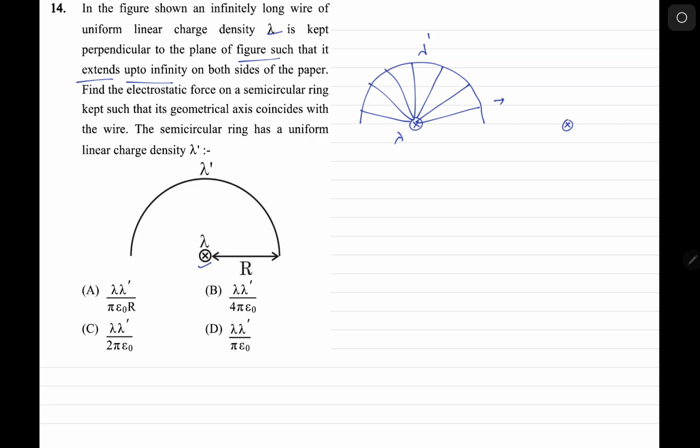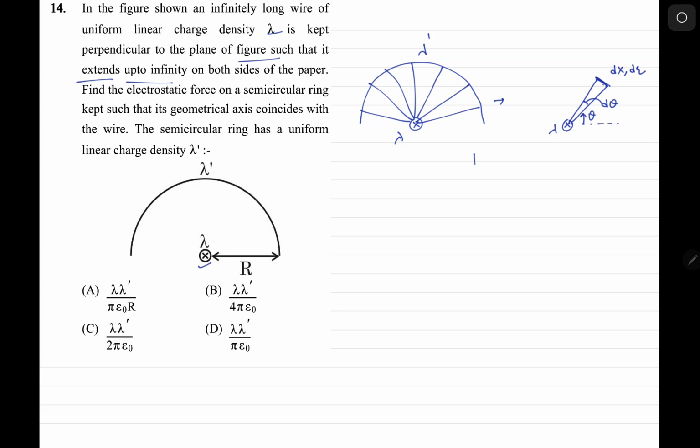This is the wire here, and I'm taking an angle theta with respect to the x-axis. I'm taking an element of length dx, charge dq, and it makes d theta angle at the center. So what is the force this wire applies on this element?